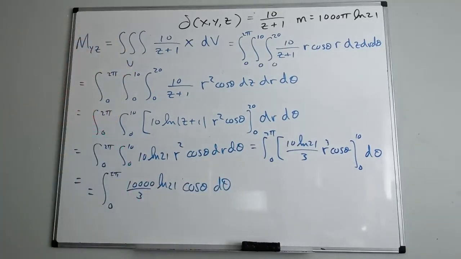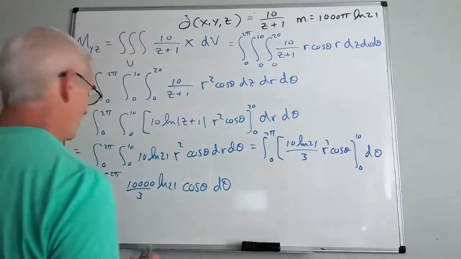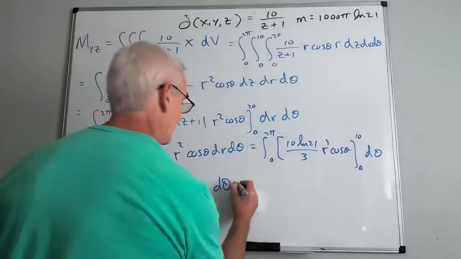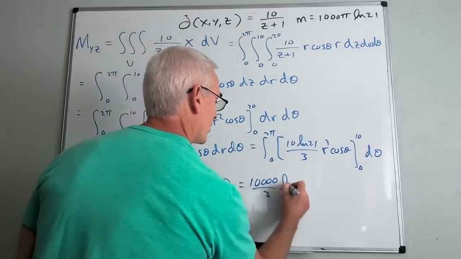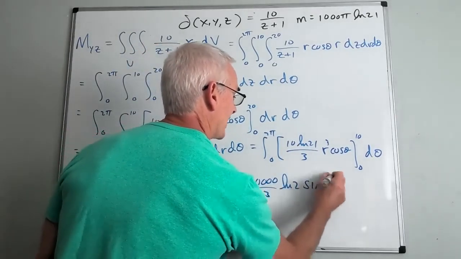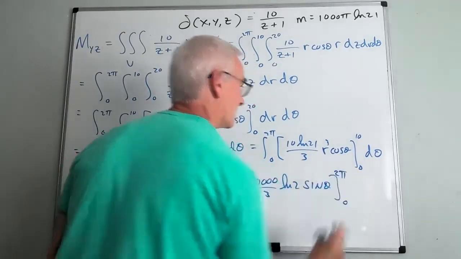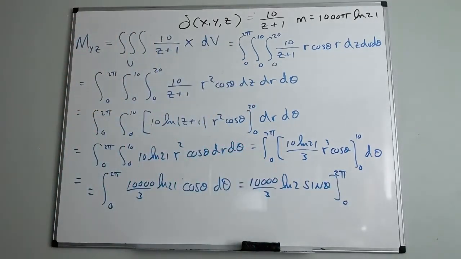And of course, we know the antiderivative of the cosine is simply the sine. Now I can't multiply, I have a function here. I have to integrate. So this will be 10,000 thirds log 21 sine of theta from 0 to 2 pi. Great. And wait a minute, what is that value?